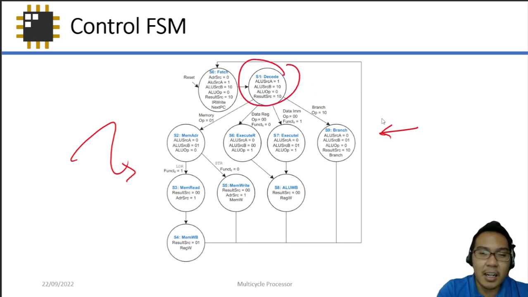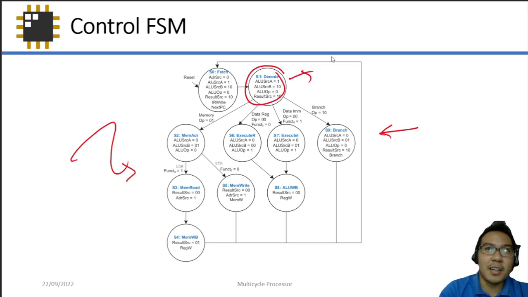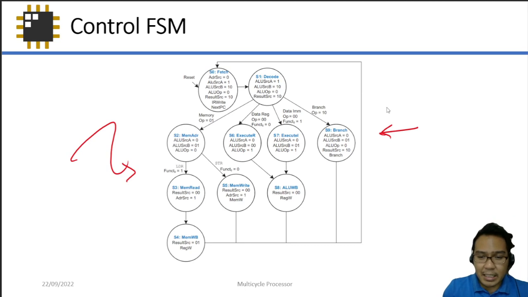Why? Because in the book they use a separate instruction decoding combinational block in the control for the decode step, so they don't have that specified over here. But in terms of multi-cycle data path, that basically ends the discussion for multi-cycle data path. Thank you, everyone.